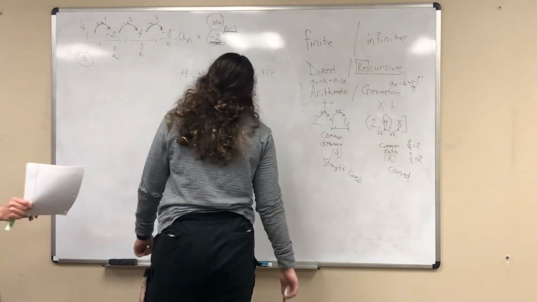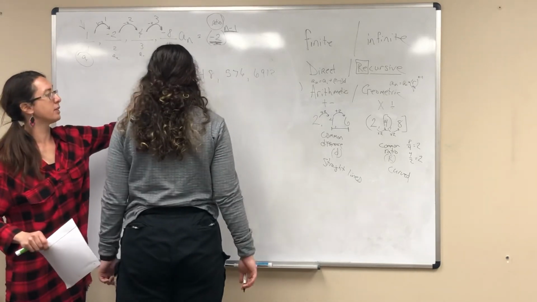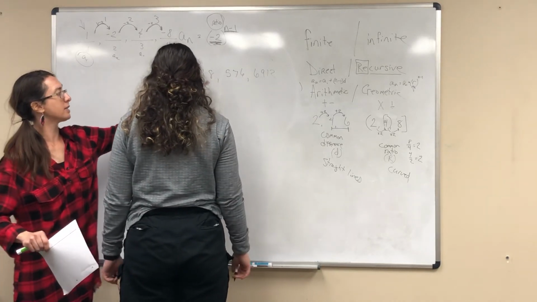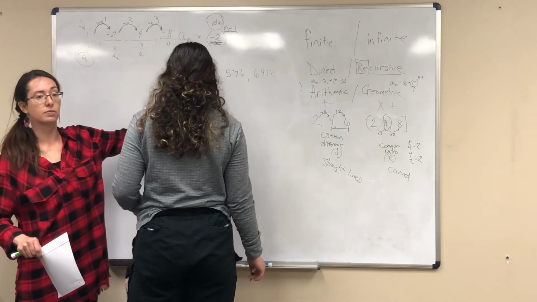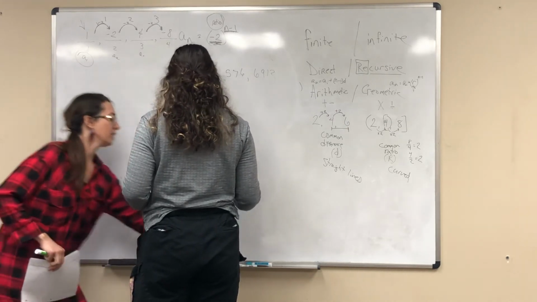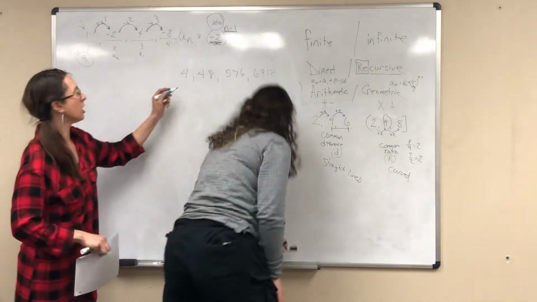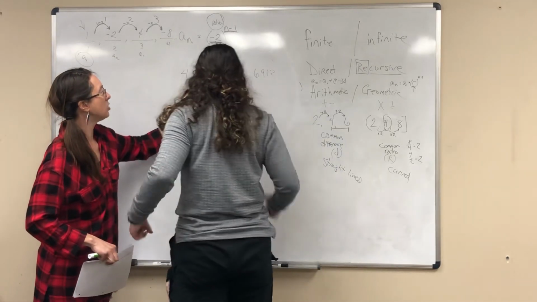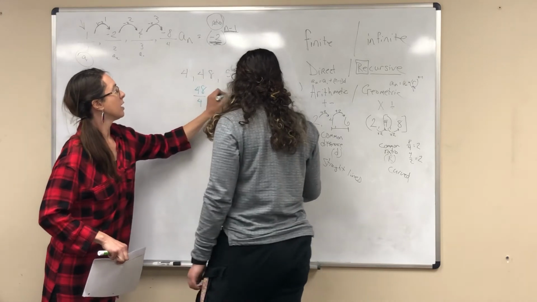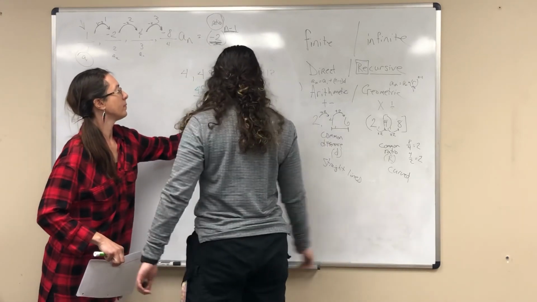How can we find out what it is? First, we need to find a difference. So 48 minus 4, is that the same as 576 minus 48? No. So the other way is to look at our common ratio. Ratio means to take any two numbers and divide them.